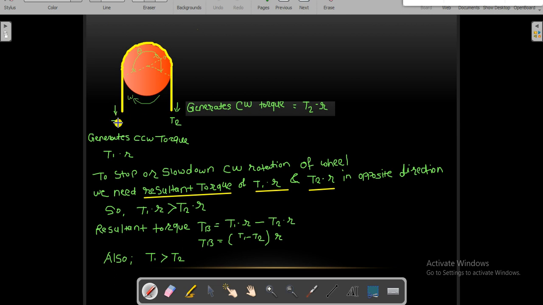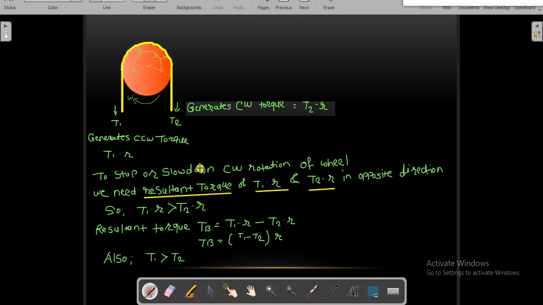This T1 and T2 will generate some torque. Let us say T1 is generating counterclockwise torque equal to T1 into R, where R is the radius of the wheel, whereas T2 is generating torque in clockwise direction equal to T2 into R.